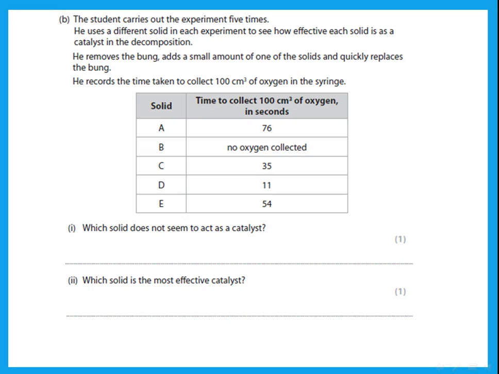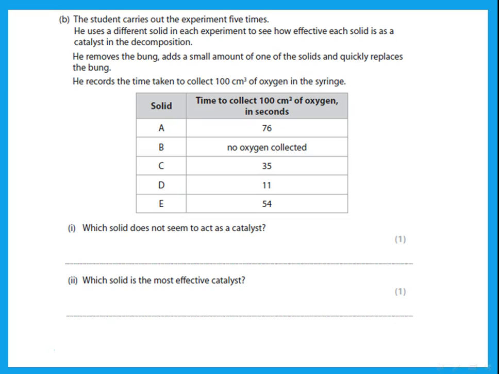Okay, the student carries out the experiment 5 times. He uses a different solid in each experiment to see how effective each solid is as a catalyst. So he's doing the same experiment but with different substances as catalyst. He removes the bung, adds a small amount of one of the solids and quickly replaces the bung. He records the time taken to collect 100 cm³ of oxygen.